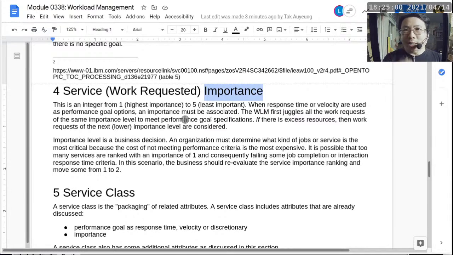Okay, so that's why the importance level is a very important number, and it's probably not something that a system administrator is going to determine, because this really depends on the services being offered, how important is that to the organization itself?